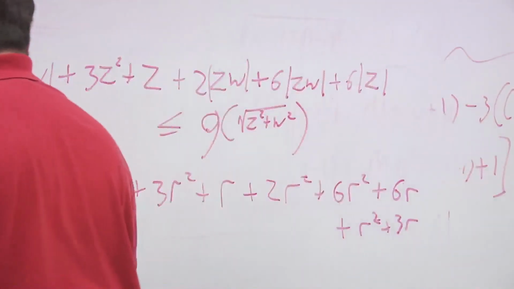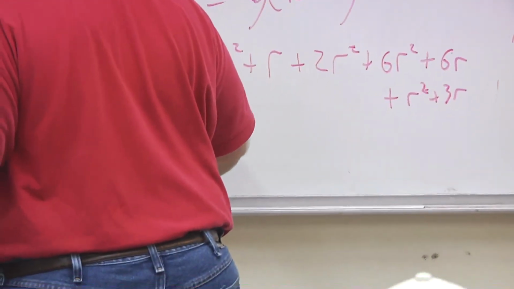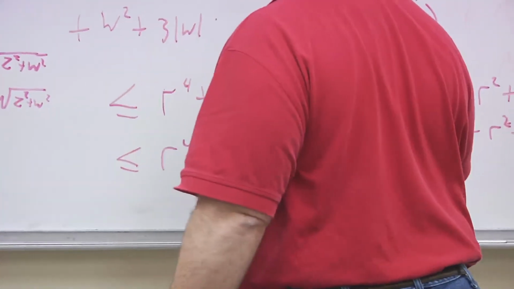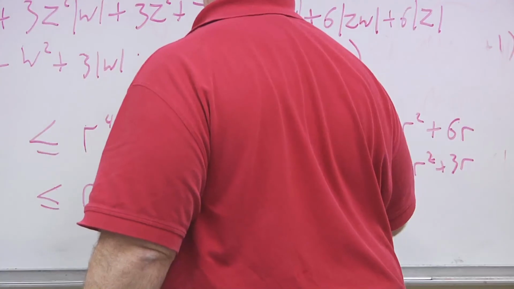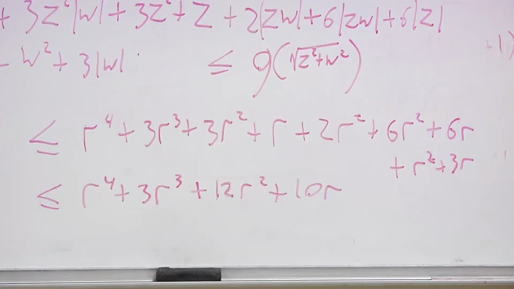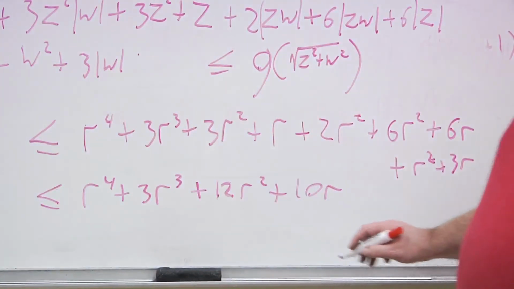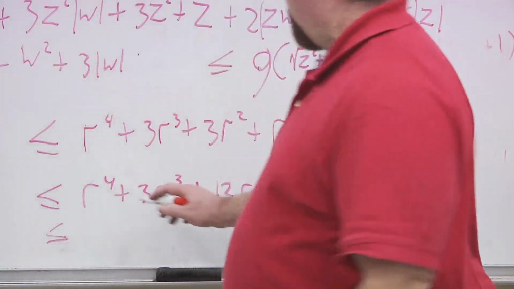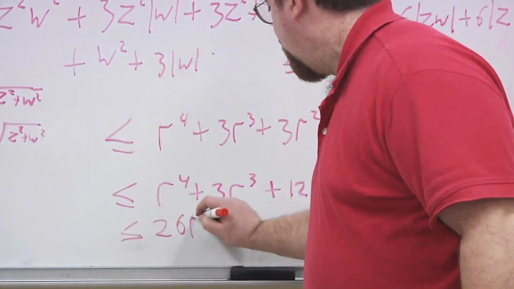So what we get is r to the fourth plus 3r cubed plus 12r squared plus 10r. So what you can do, again, it's a very crude bound here. We could say that this is bounded by, we add all the coefficients, 1 plus 3 is 4, 12, 16, 26, r to the fourth.